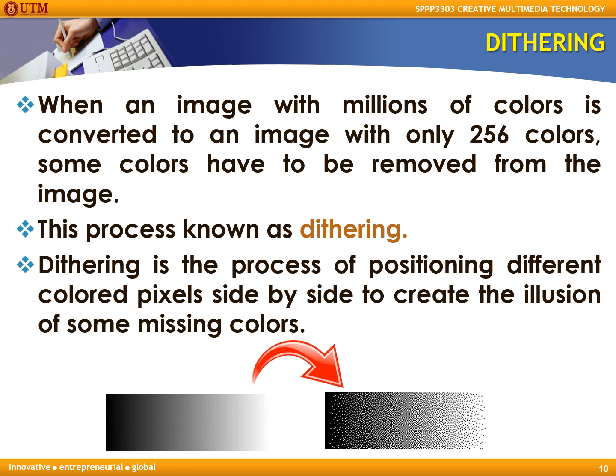This is an example. The first image is higher in quality. When we convert it to only 256 colors, this is what happens. It's like converting the image to lower quality with more visible pixels.